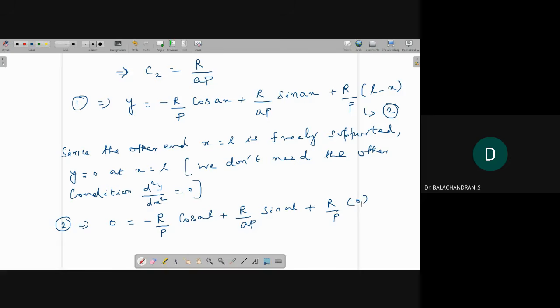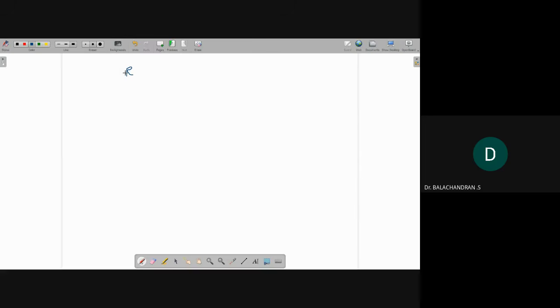So this implies R by aP sin aL equals RL by P into cos aL.